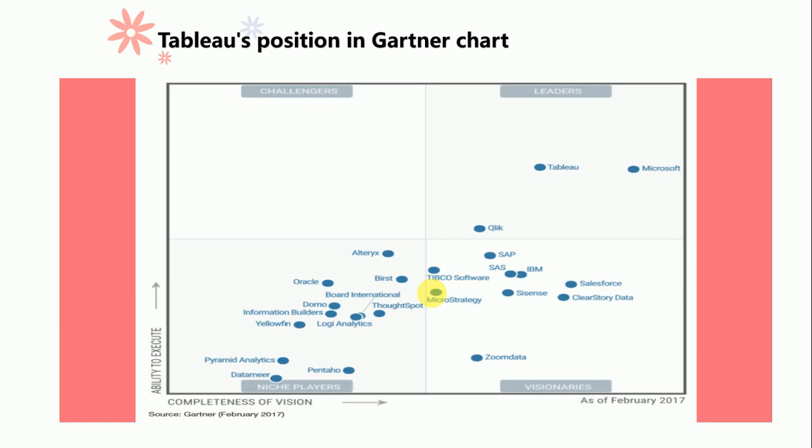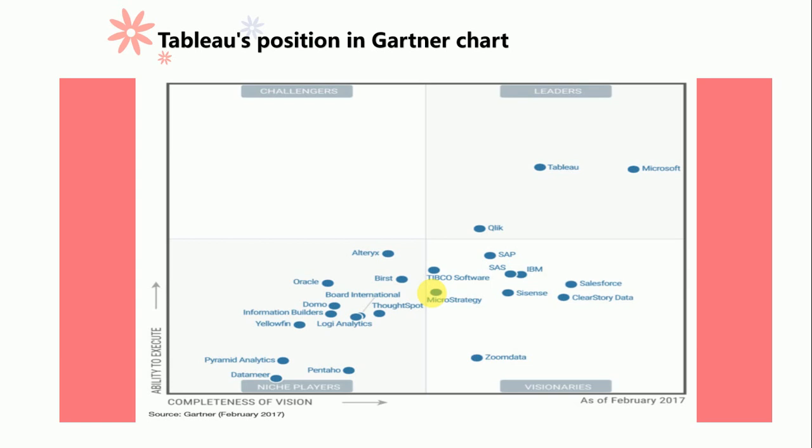So Tableau's position in the Gartner Chart. My idea behind showing this image is to make you understand how Tableau is doing in the market. As a beginner you may be having lots of doubts about how the skill is in the market right now, or how it was in the past, or are there any competitors, or is it worth learning, anything as such.